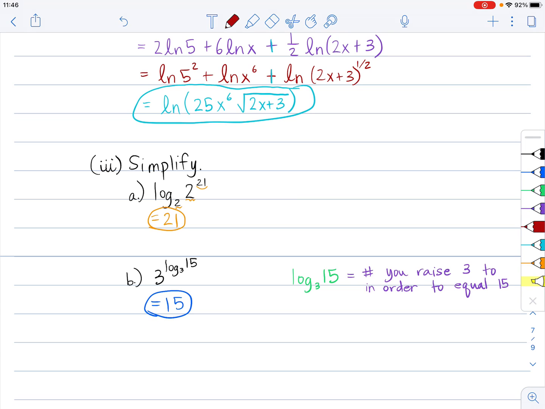And when I do 3 raised to the log base 3 of 15, I'm saying that this is 3 raised to the number you raise 3 to in order to equal 15. Well, I'm taking 3 and raising it to that number. So what is it supposed to equal? 15.